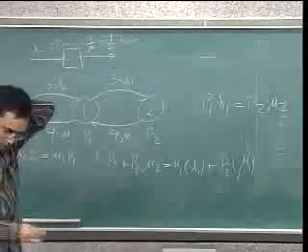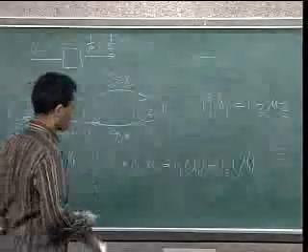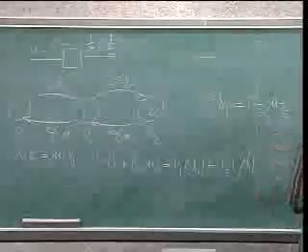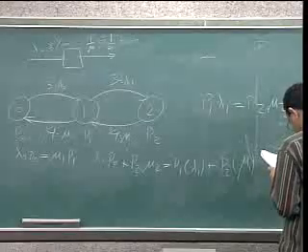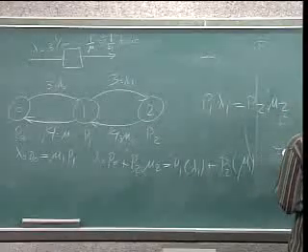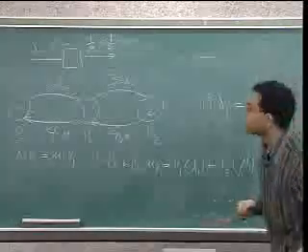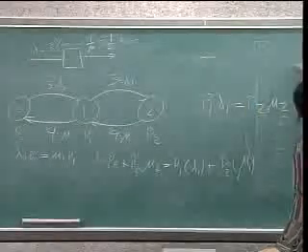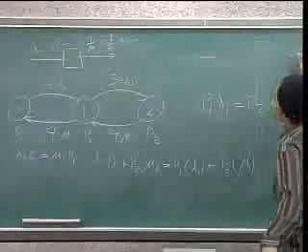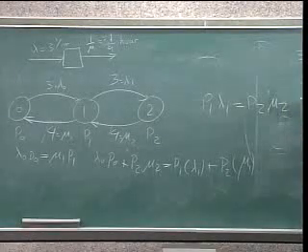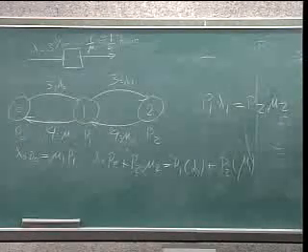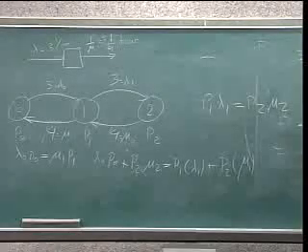Let's do it then. I just have my solution here, so I guess I have to write it down and solve it. We have 3P0 equals 4P1.